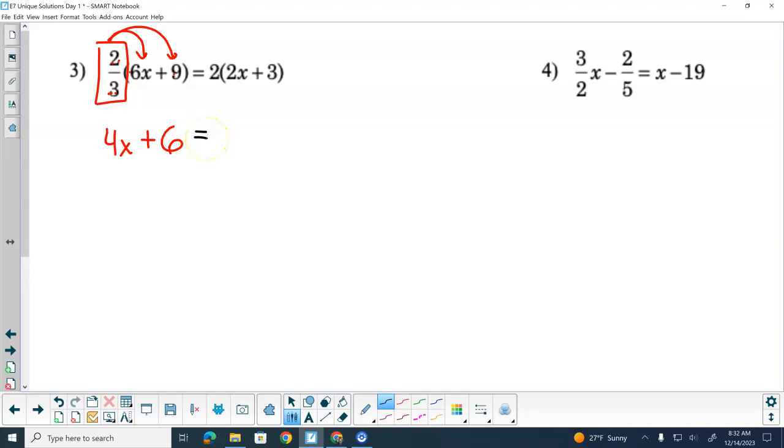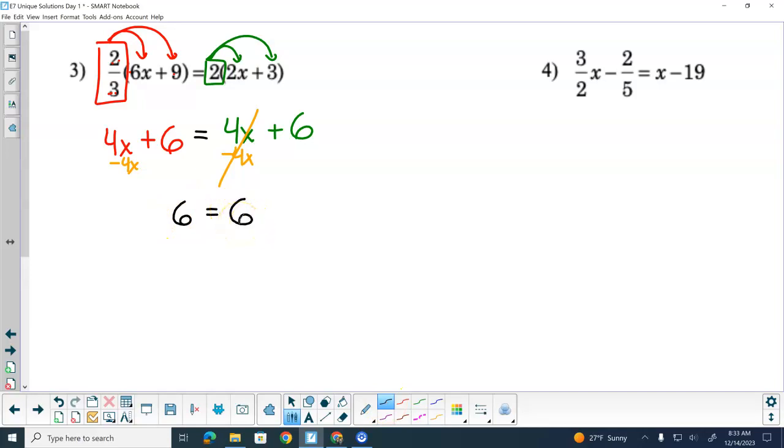Then, on the other side, I got to take this 2 and distribute it in. 2 times 2 is 4. 2 times 3 is 6. Let's take our variables to the left side, which gives me 6 equals 6.